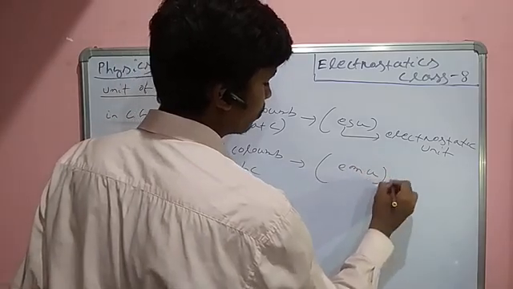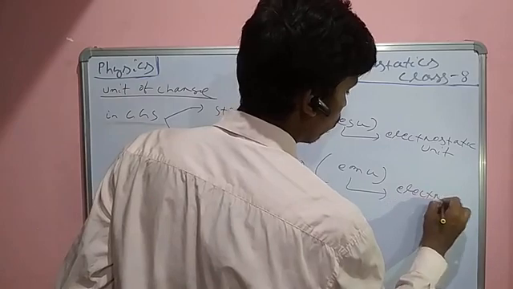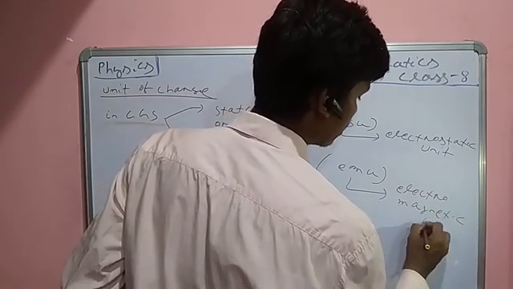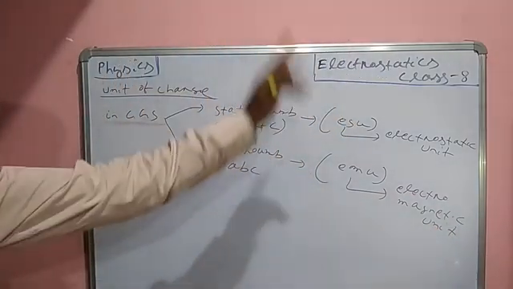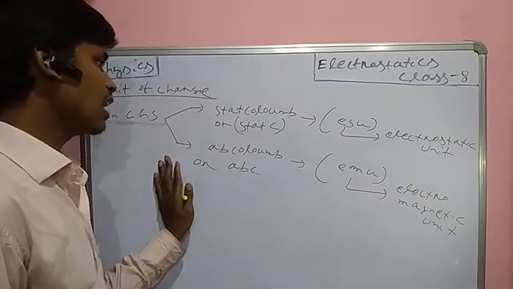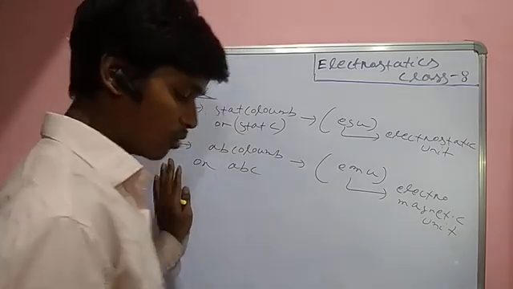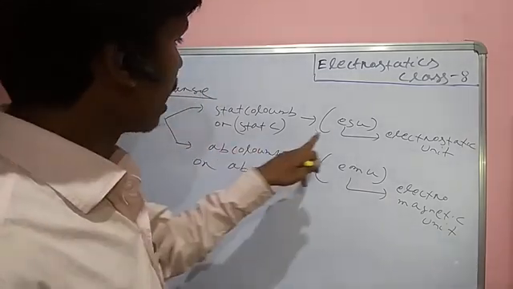EMU means electromagnetic unit. Listen, there are two units of charge in CGS: one is statcoulomb, another is abcoulomb. Now we can define statcoulomb.